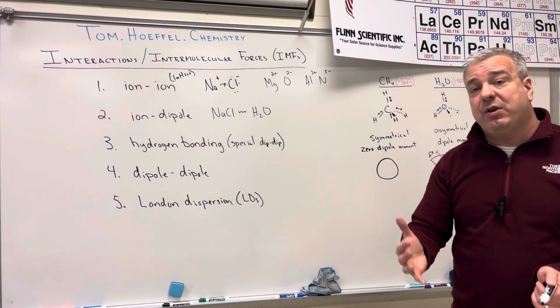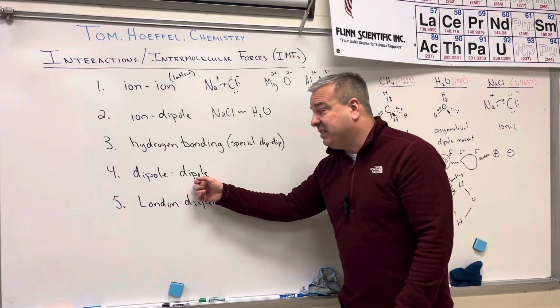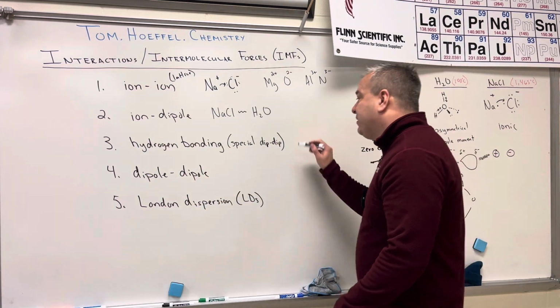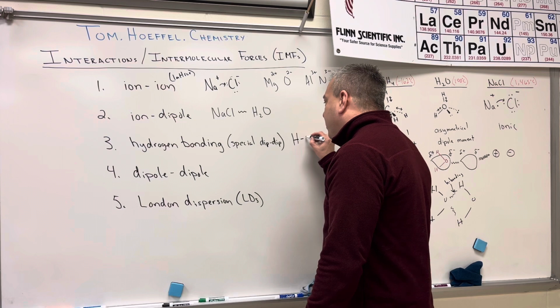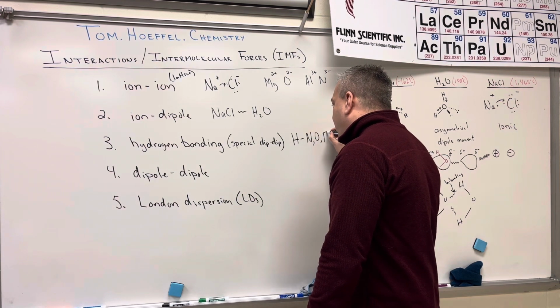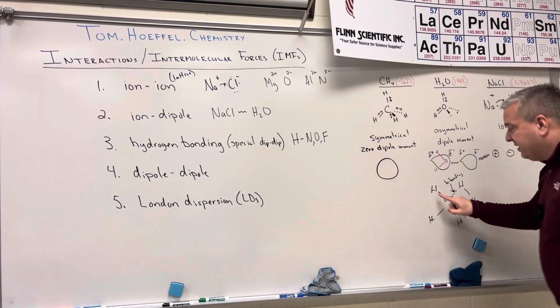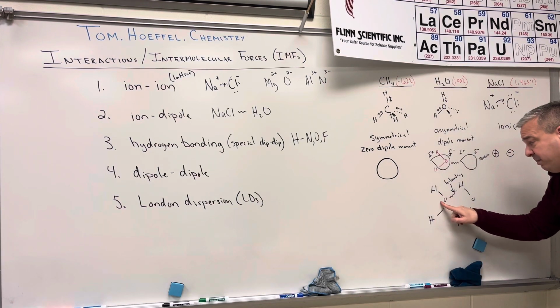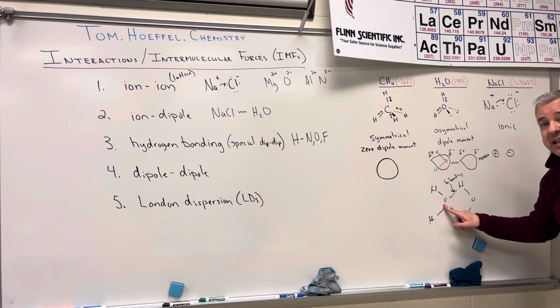Now, how do you know when you have hydrogen bonding versus dipole-dipole? It's when hydrogen bonds with either nitrogen, oxygen, or fluorine. So we see this hydrogen, and it's bonded with either nitrogen, oxygen, or fluorine. It's oxygen in this case.